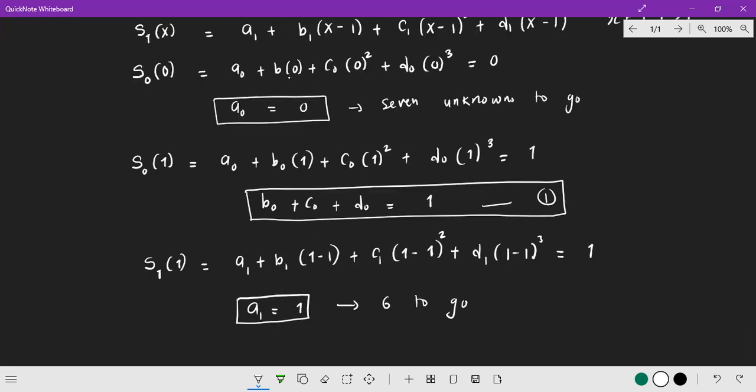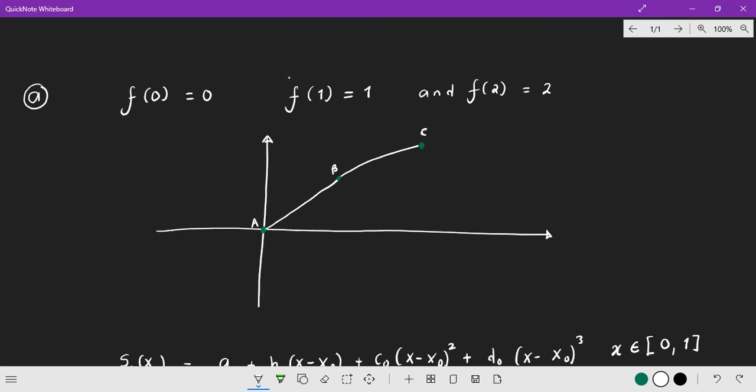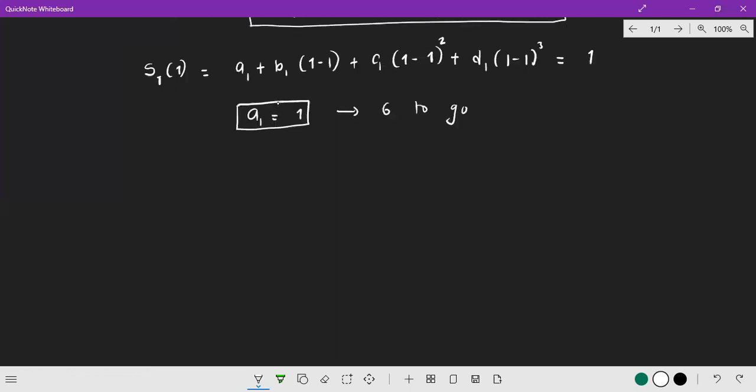All right. And also, I evaluate this at the end point, right? So this spline again, evaluating this at its end point there. So this is at 2. So S1 at 2 should be equal to A1 plus B1 times (2 minus 1) plus C1 times (2 minus 1) squared plus D1 times (2 minus 1) cubed.